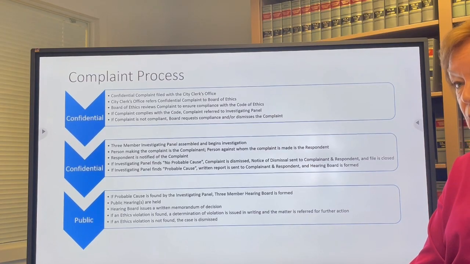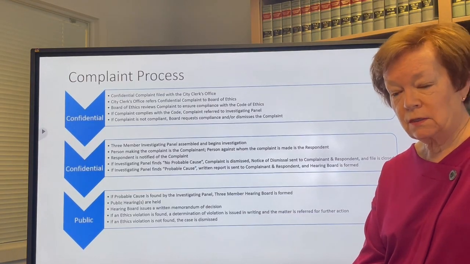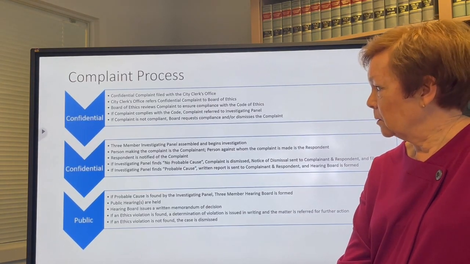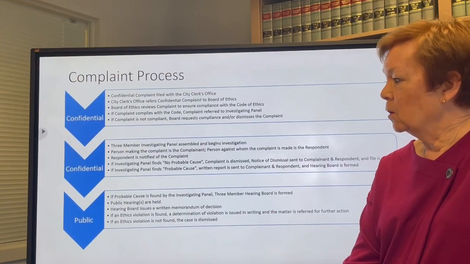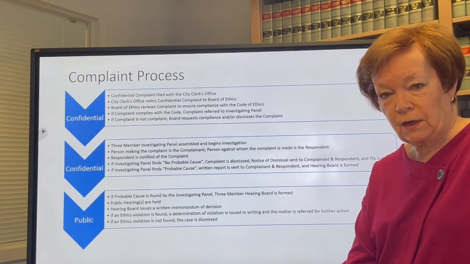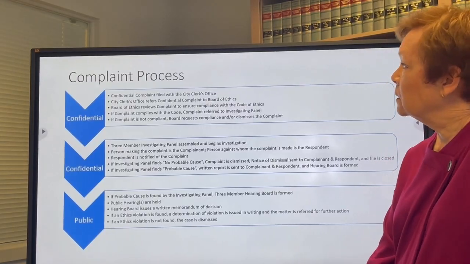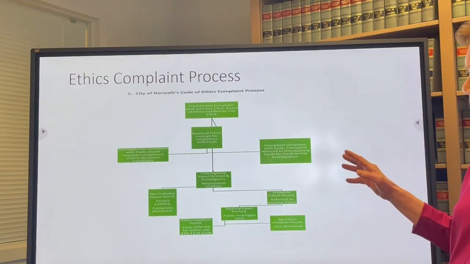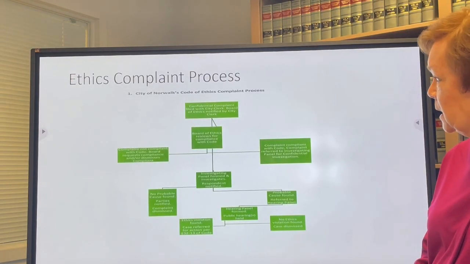They talk about the important steps of the process, the timeline of the process, and they delineate that which is confidential and that which the public has access to. This next one is a little bit hard to read here, but you'll find it again in the Citizens Guide.